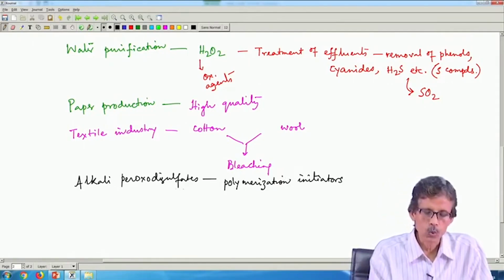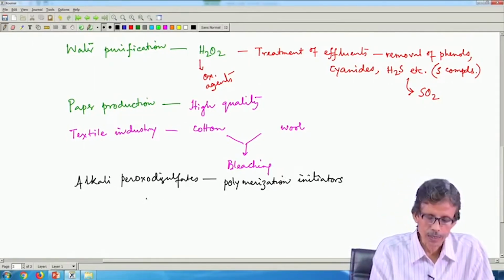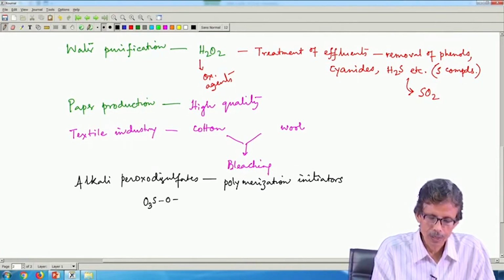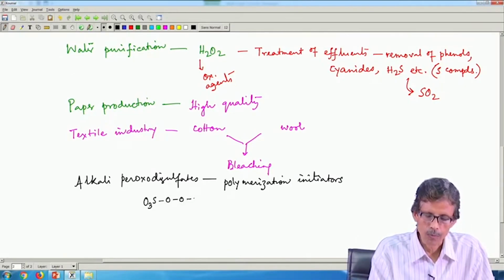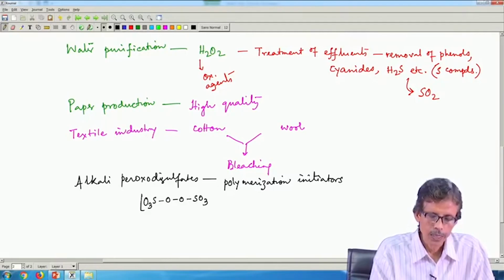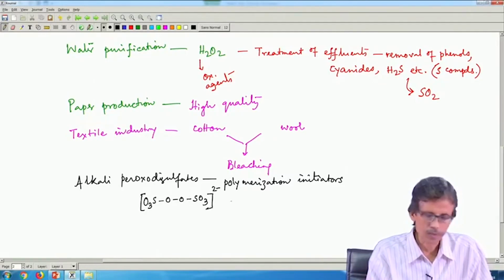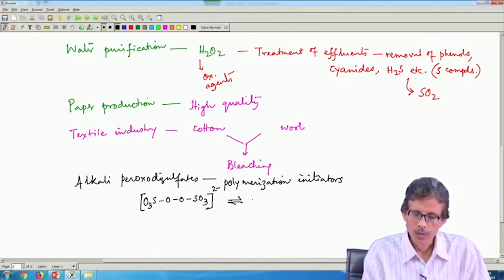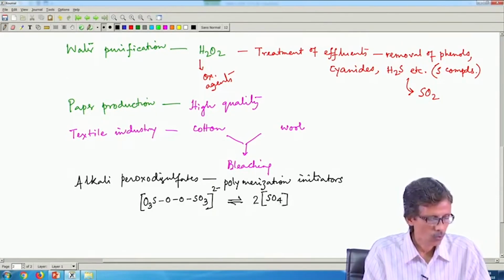How can they do this? So, this alkali peroxo disulfate, just now what we have seen, that is having one peroxy linkage, then SO3 with a 2 negative charge, overall 2 negative charge on the species, which can go for the typical sulfate based free radical production, SO4 dot minus.